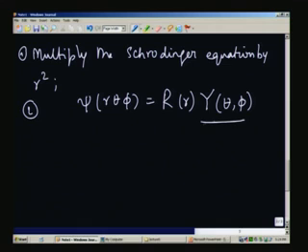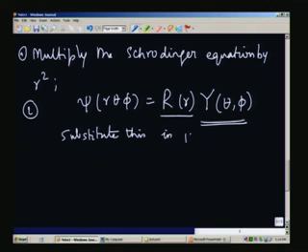We will not separate this now, we will do it later. Then substitute this in H psi equal to E psi.